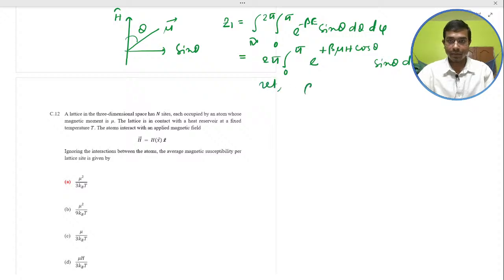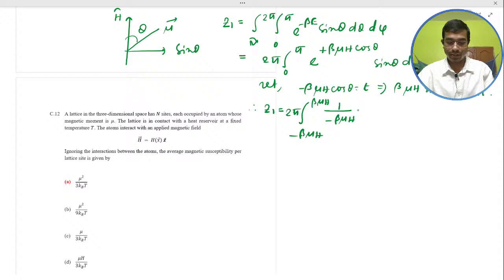Let us assume that minus beta mu h cos theta is t, so you would get beta mu h sin theta d theta as dt. Now Z1 is equal to 2 pi integral from minus beta mu h to beta mu h, 1 by minus beta mu h, e to the power minus t dt.